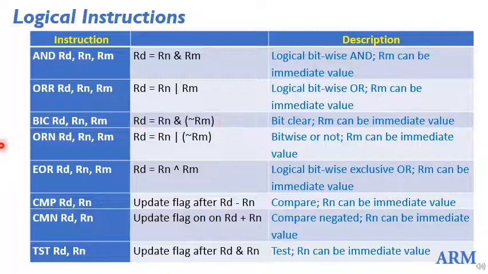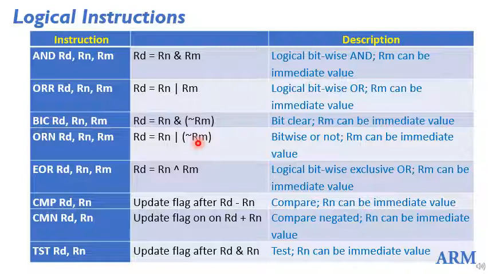Similar to bit clear, we have bitwise OR not. The mnemonic is ORN. So here the first source operand is ORed with the complement of the second operand. So the expression is Rn bitwise OR not of Rm.